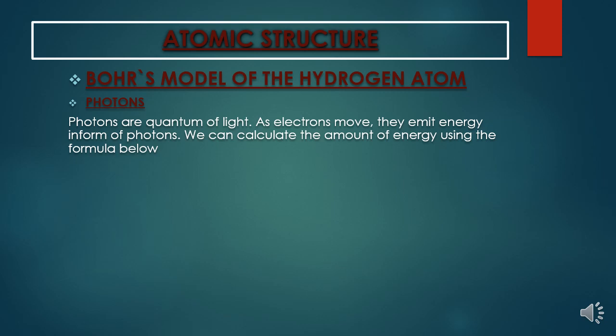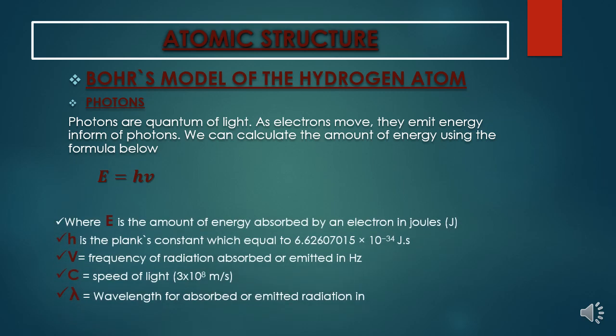In order for us to calculate this amount of energy that is released, it can either be released or gained. I will revise that quickly today. We use the formula which says energy is equal to h, which is the Planck's constant, multiplied by the frequency. So let us get to understand some key areas that we're supposed to know.